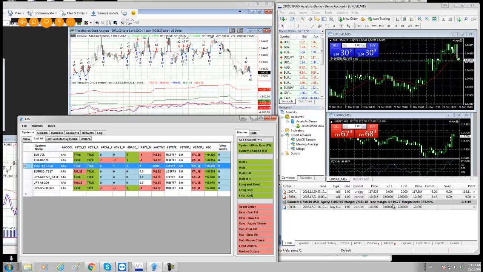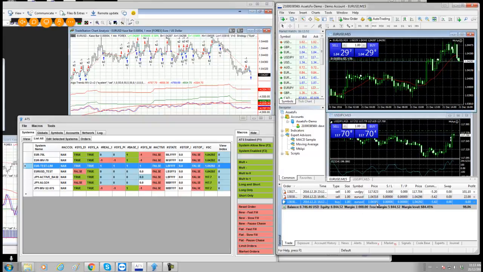So you can see that now we're trying to buy 43 even, which is kind of roughly where the market is right now. It's a little bit above that. So we've got a little bit of positive slippage in here. So we ended up getting in at 43.01.